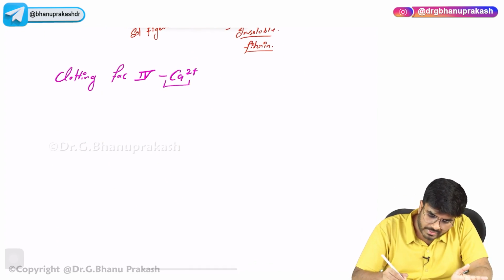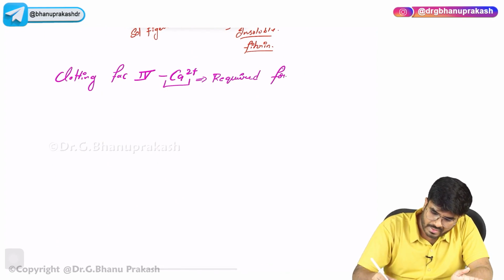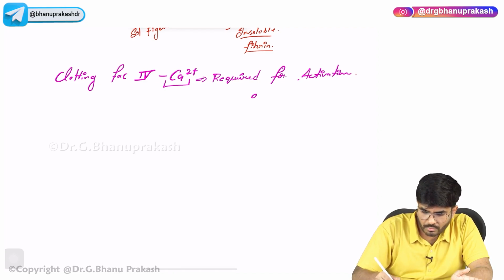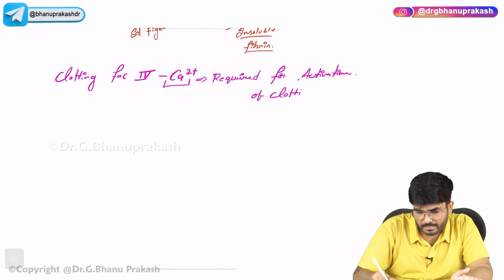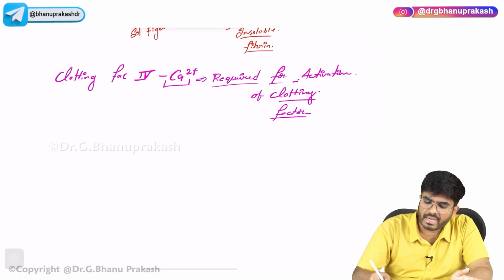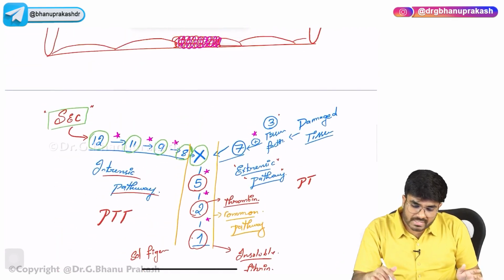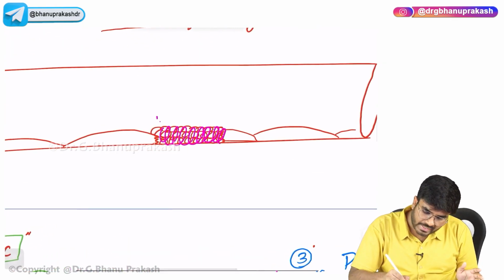So let me write here: calcium required for activation of clotting factors. So this is one prerequisite. Don't think the clotting factors are getting activated throughout the body, no. The clotting factors are getting activated only in this area.